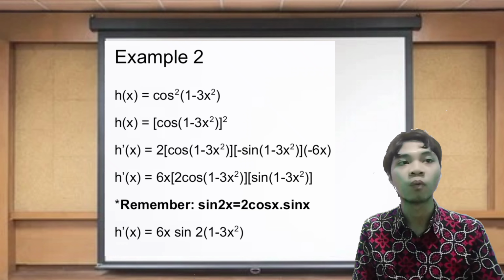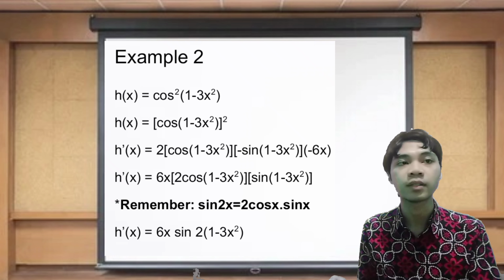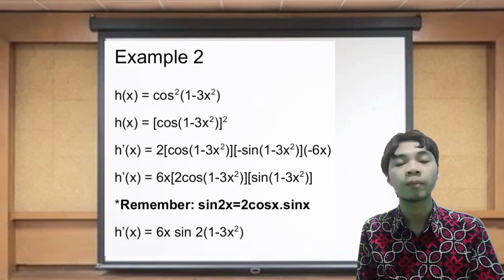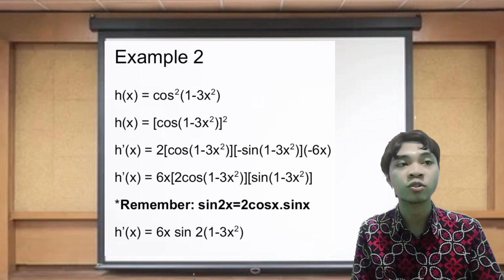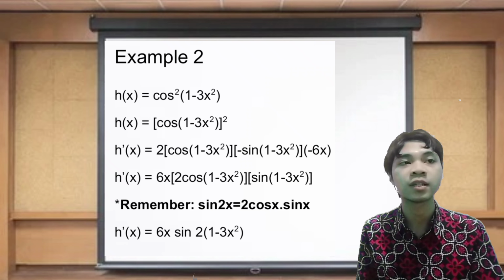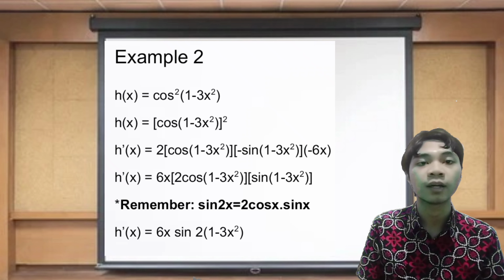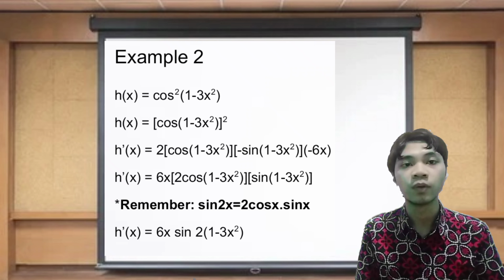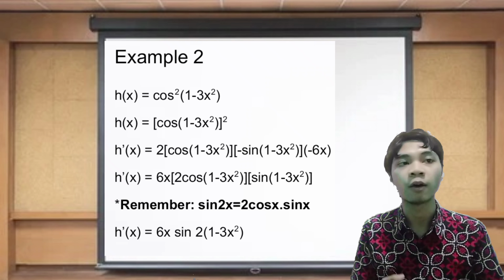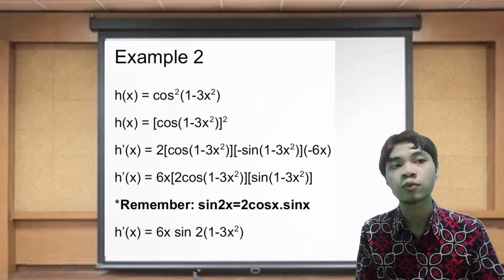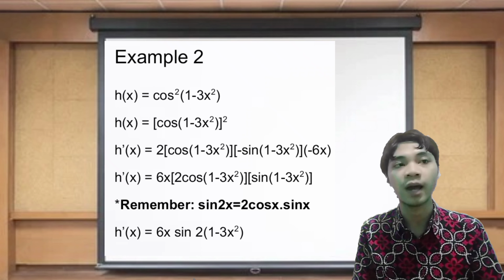So we can write it like that: 6x times 2 cos(1 minus 3x squared) times sine(1 minus 3x squared). Remember, in trigonometric identities, sine 2x equals 2 cos x times sin x.